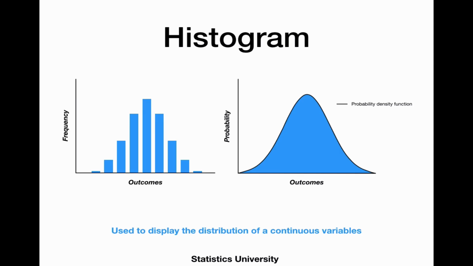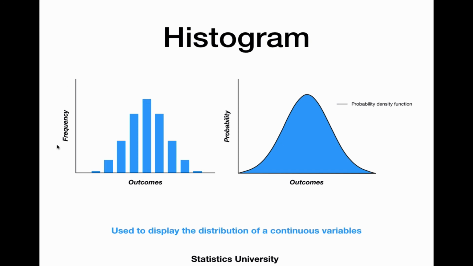Now, another way to display continuous variables is using a histogram, where you can denote here on the y-axis a frequency of a value, and then on the x-axis the actual value that is measured. So here you can see an example of a normally distributed data type, where in the middle we see the most frequently observed outcome.